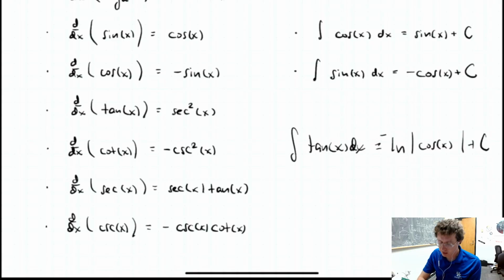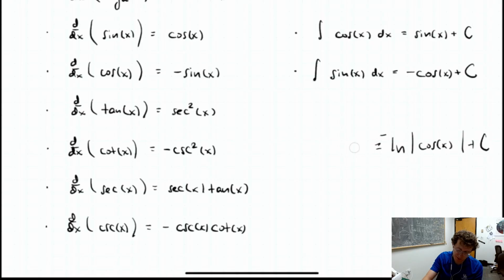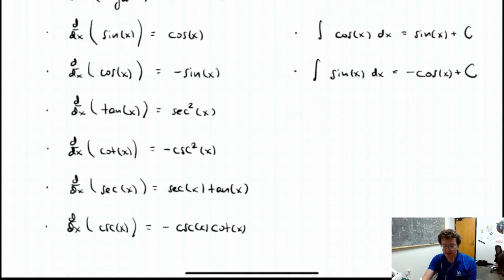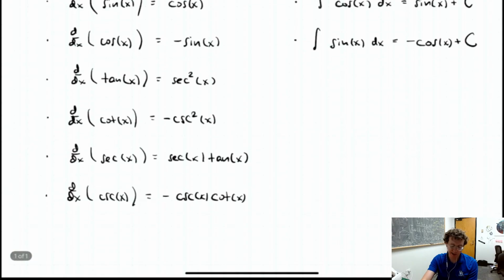Do you see what I mean? You could compute the derivative of this thing with what you know from Calc 1, but how would you come up with that? U substitution, actually, is the answer. Anyway, I'm erasing that because I don't want anyone watching this to get the idea that you need to know the antiderivative of tangent.